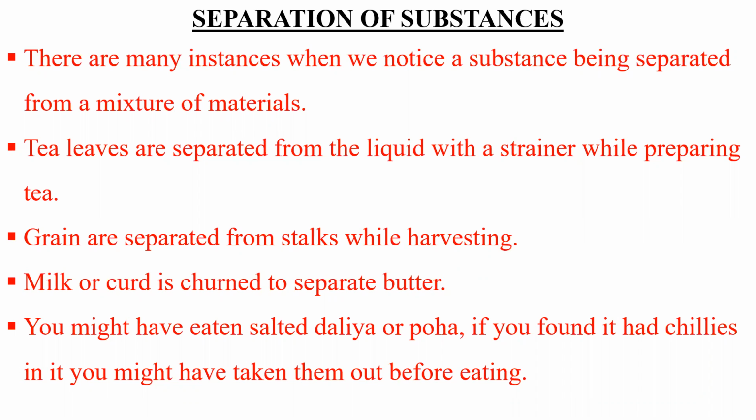Now, tea leaves. How do we separate the tea leaves? Tea leaves are separated from the liquid with a strainer. Once your mom makes tea, she won't give it to you or your dad as it is.